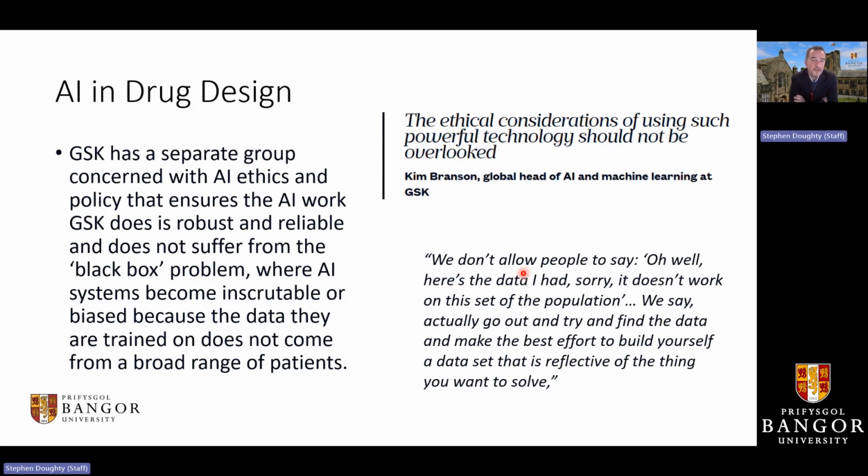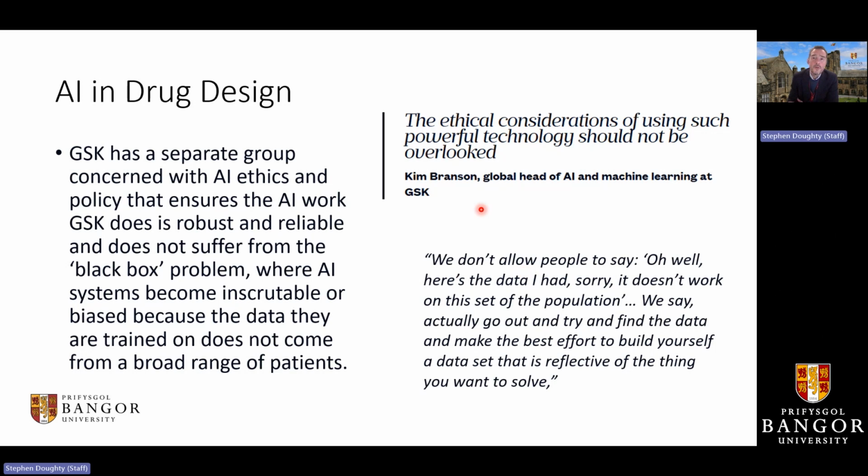So the problem here is that the data that AI is training itself on could mean that new medicines end up targeted towards certain folk in society, and other people are excluded.